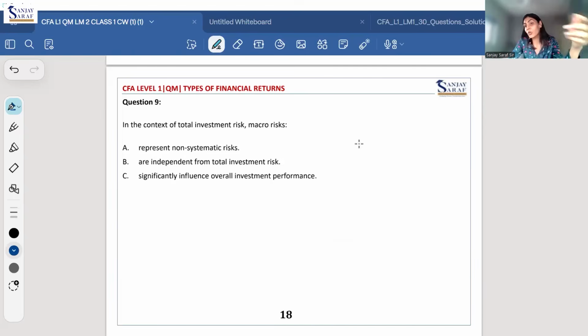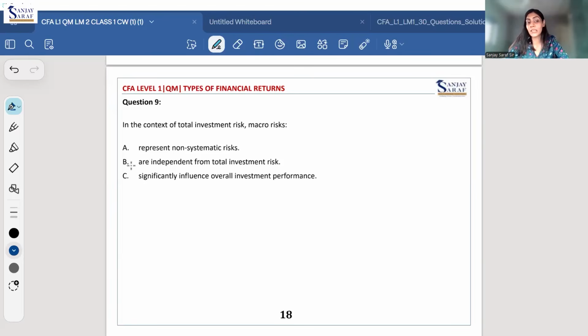In fact, micro risk is supposed to have a greater influence on the investment performance. मेरा business कैसा perform कर रहा है, that is going to have a bigger impact on the company's return. The correct answer over here is A. I see a lot of variable answers, C, B, and A. The correct answer is A.